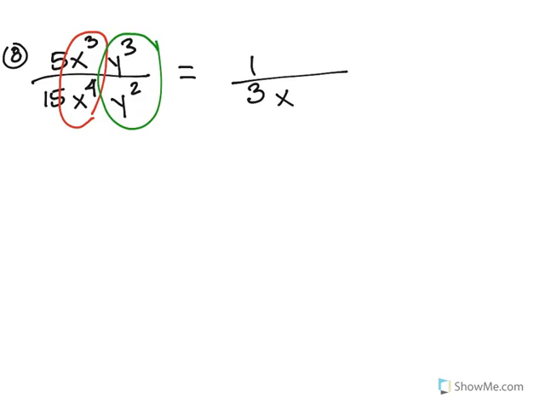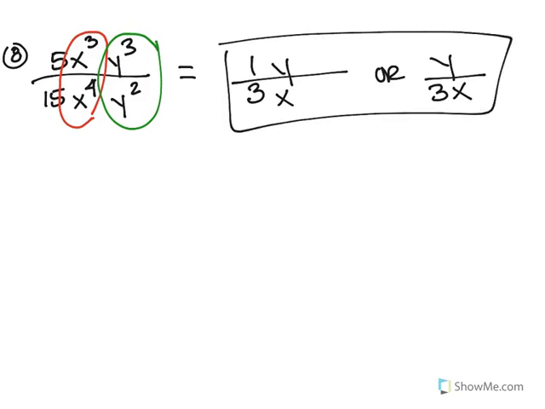On the top, because 3 is bigger than 2. Does that make sense? So your answer, you don't have to write the 1 on top. You could write it just y over 3x. That's the same answer. If you write 1/3 or just the y, both of them are correct.